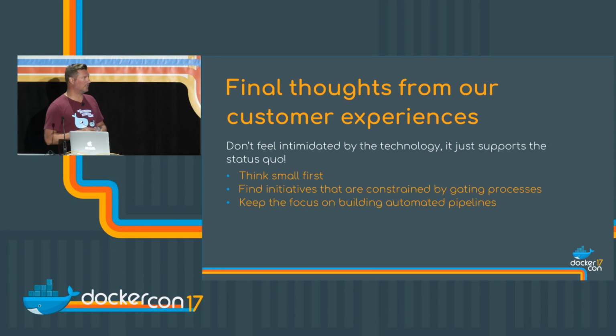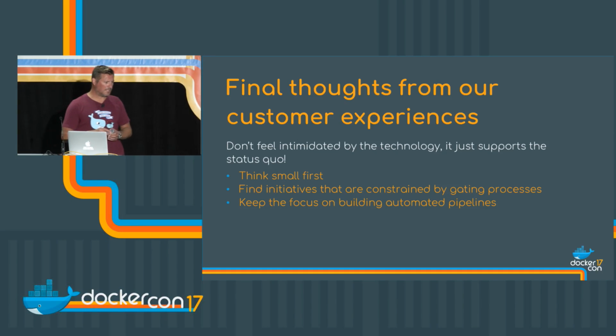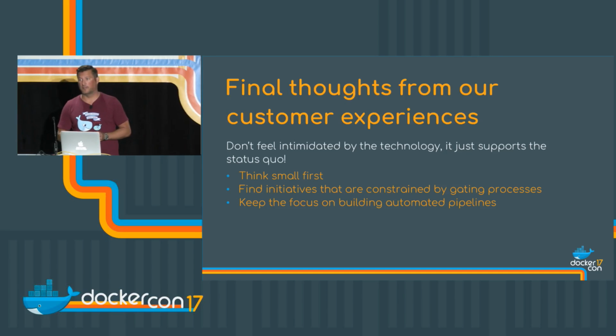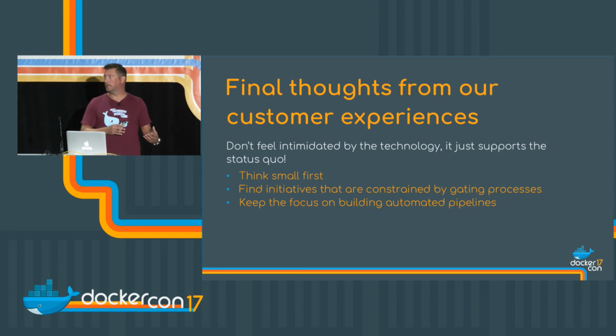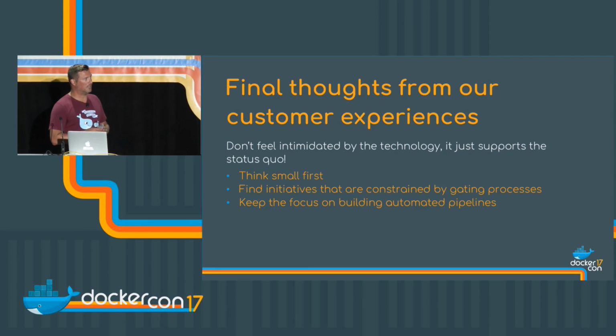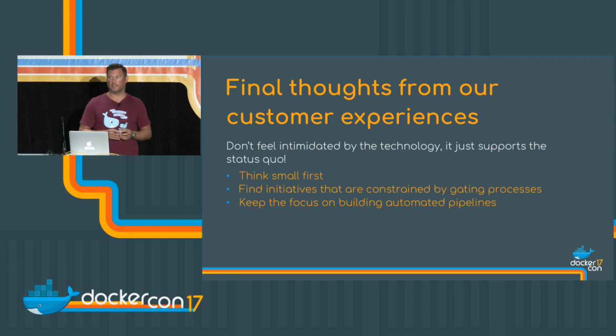We have one large financial services customer. They spend 70% of their budget on development and delivery of code, not on operationalizing the code. So, when you start talking about the numbers, being able to move the needle and fix the process, you save a heck of a lot more money as an organization.